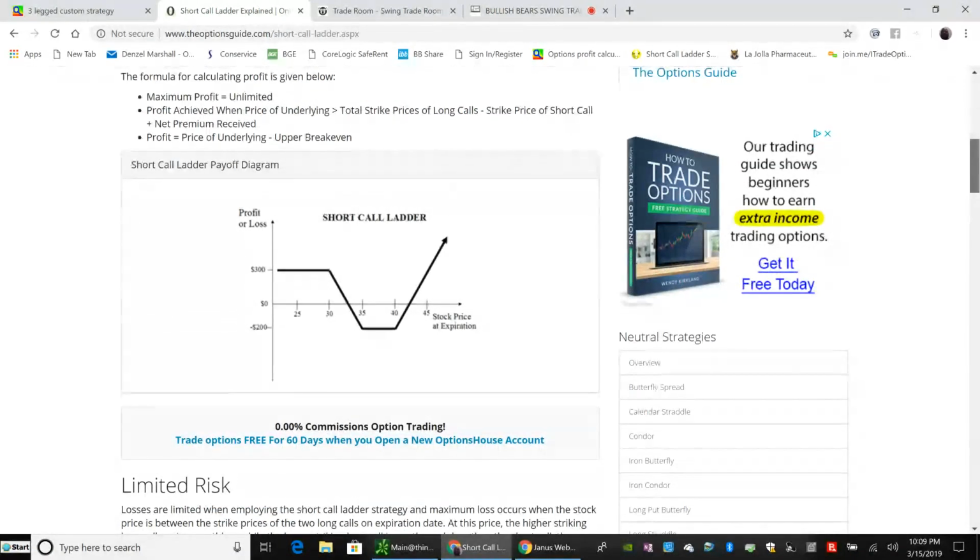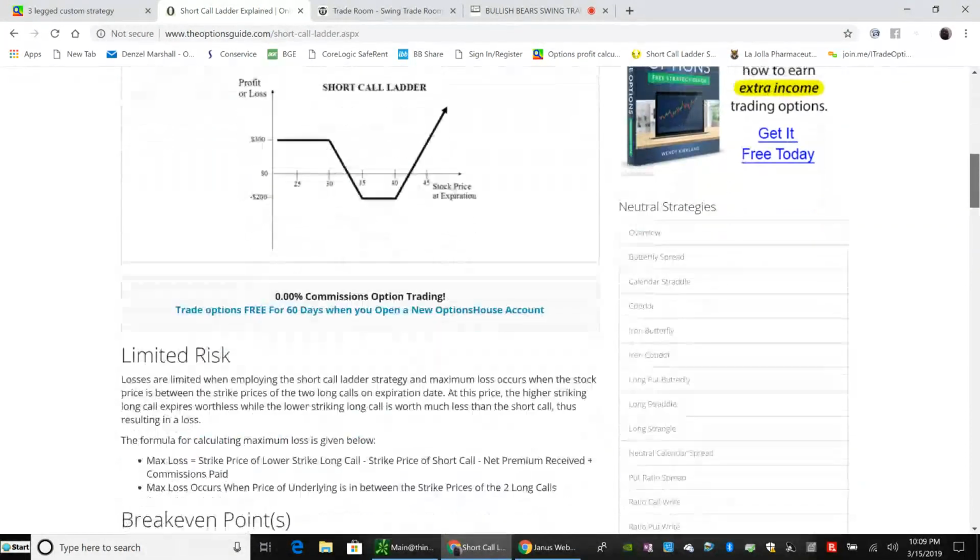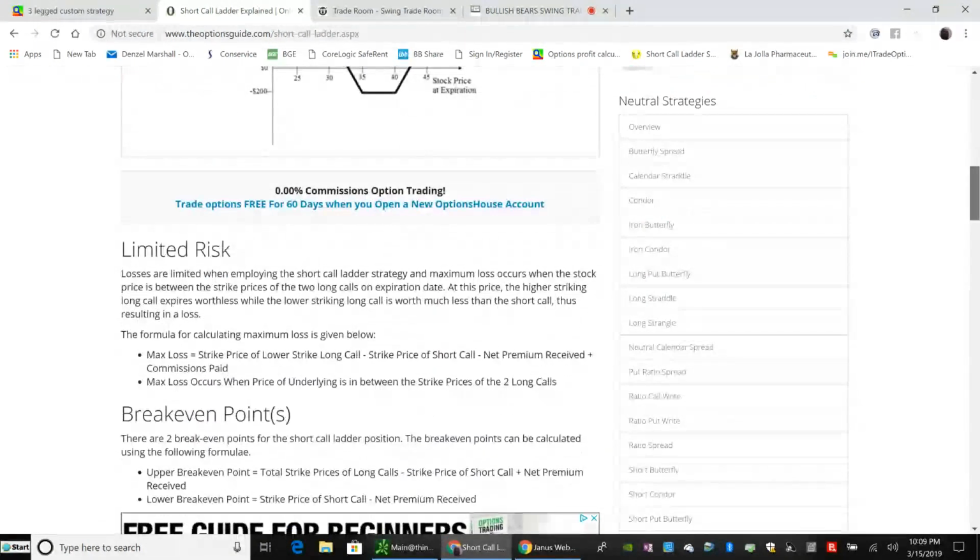As you can see, here's your diagram, and you can look at this at your leisure at theoptionsguide.com by looking up short call ladder. And here it has an explanation of your limited risk. Losses are limited when employing the short call ladder strategy, and maximum loss occurs when the stock price is between the strike prices of the long calls on the expiration date.